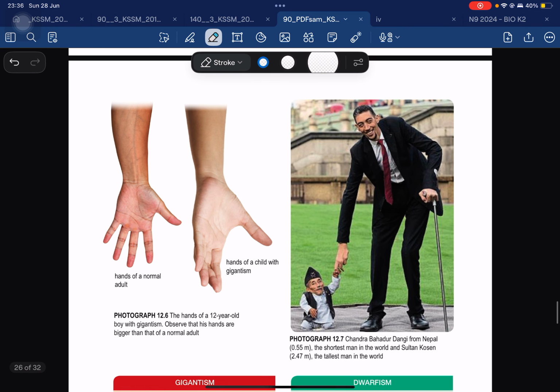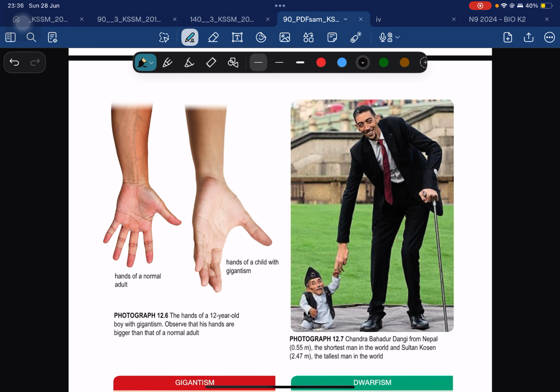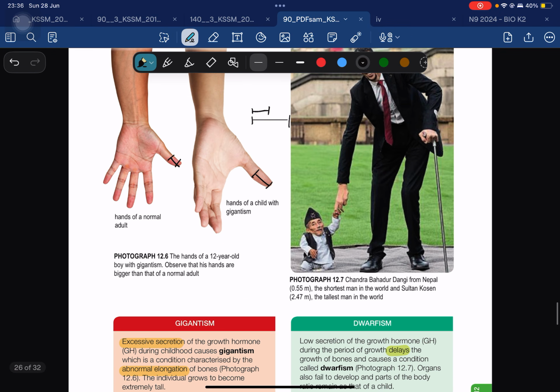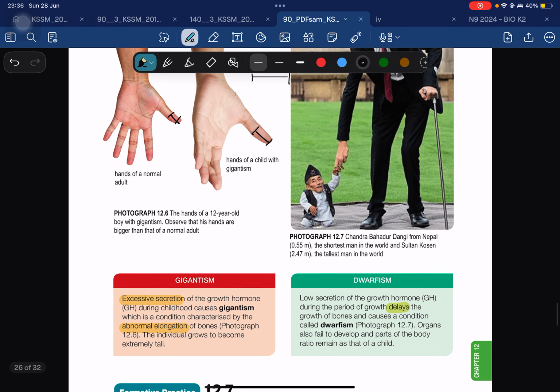For example, this is the bone: for a normal person, the bone is only this long. But for a child with gigantism, it will be longer. So that's why we say abnormal elongation of the bones, and when there is abnormal elongation of the bones, it will cause gigantism.